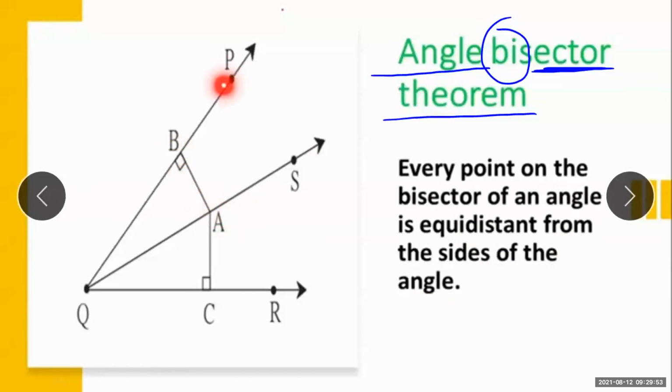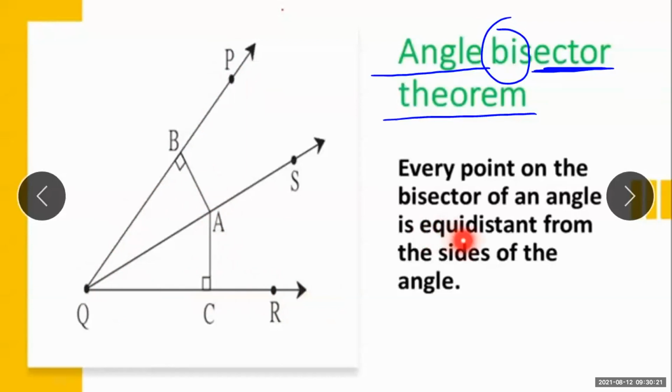This PQ is a side, and the distance from point A to the other side is this distance AC, and another side is QR. So point A is equidistant from the sides of that angle.